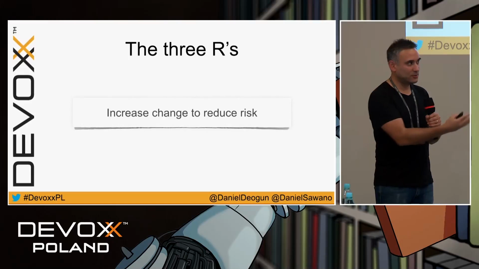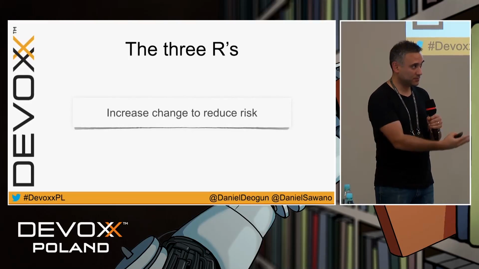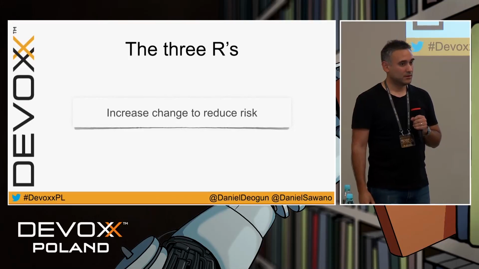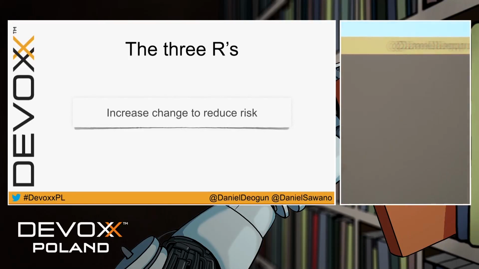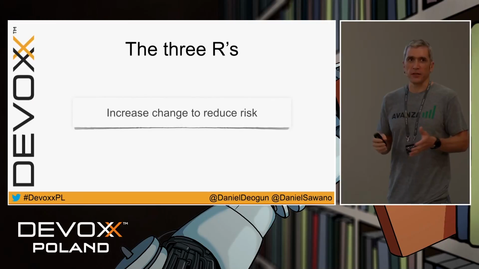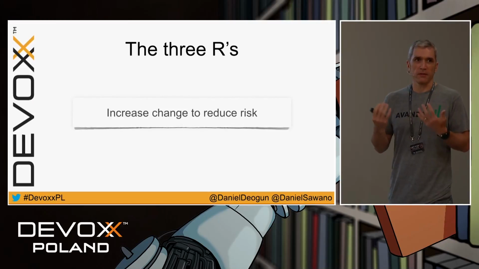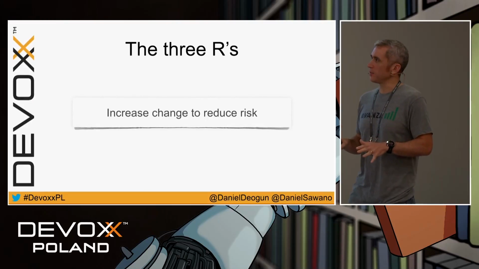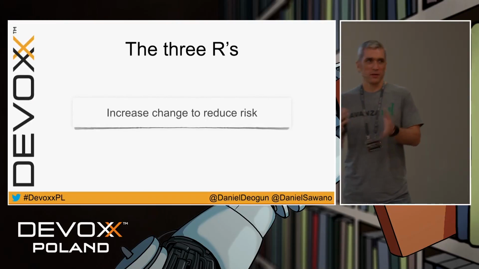So change tends to be bad from a security perspective, right? You have all these processes, all these people looking at alerts coming from very expensive tools that you bought, and they all monitor change, and every time there's a change, you get an alert saying, hey, could be an attack here.